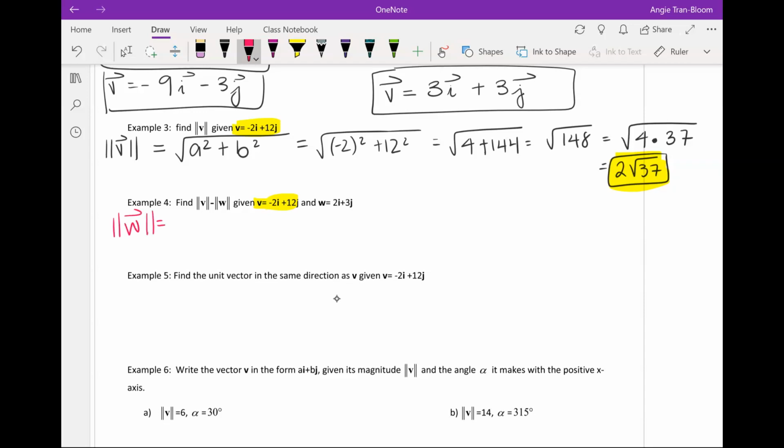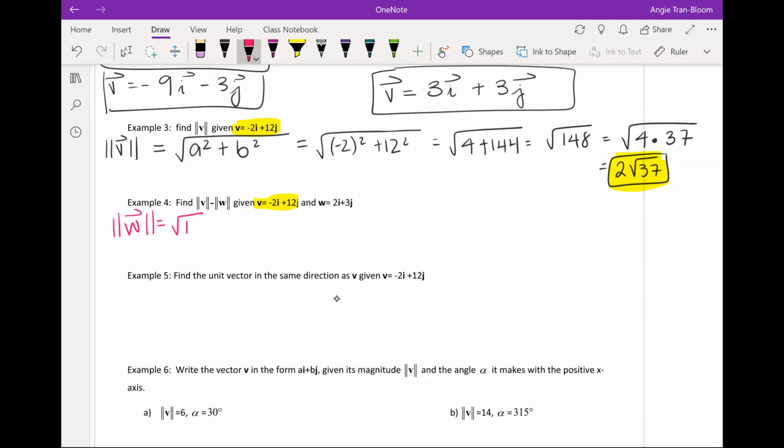So find the magnitude of w. Go ahead and get going. Quinn, whenever you are ready, just give me the magnitude of w. Rad 13. Beautiful. Good job. So now, rad 13. Now we just have to put those together, right?